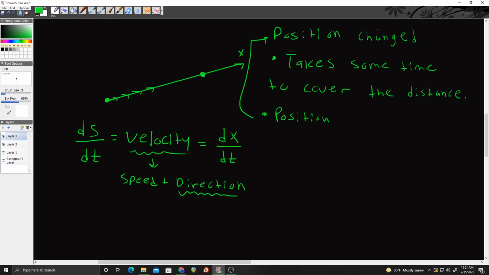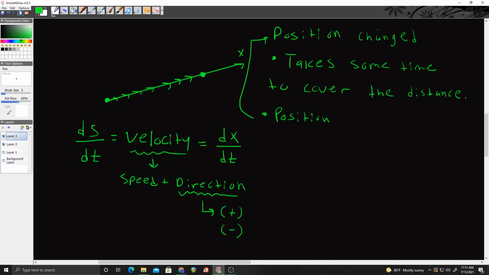Your direction is limited to positive or negative. I can travel along the axis this way, or I can travel along the axis the other way, and that would be negative. So those are our choices for the direction of velocity, either positive or negative. We're talking about one dimension.